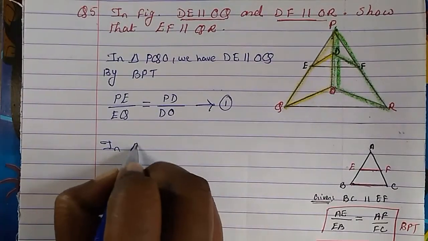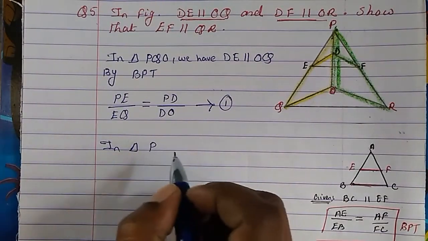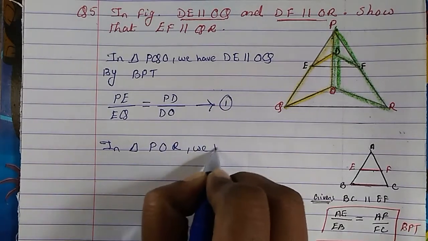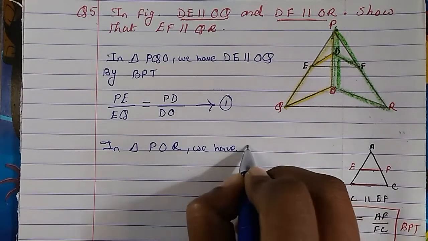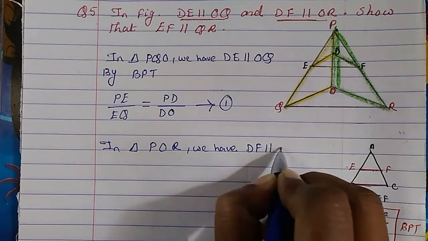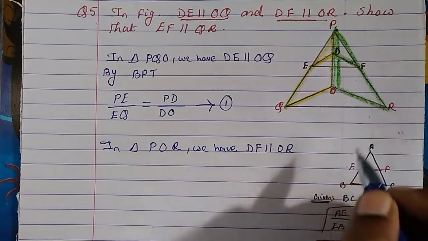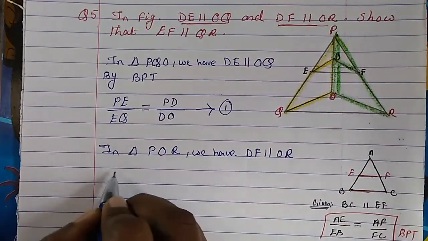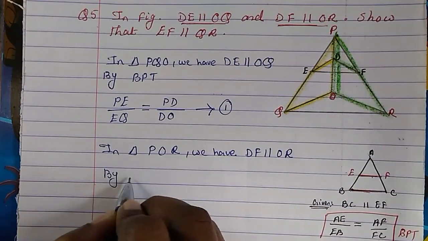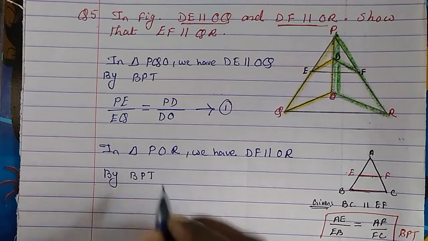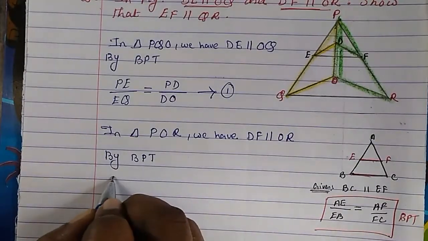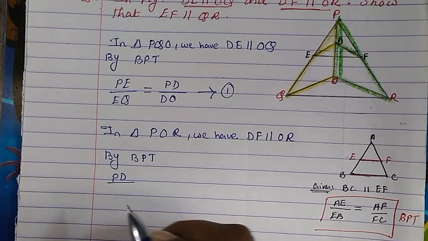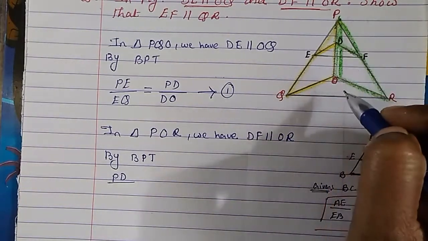So in triangle POR, we have DF parallel to OR. If these two are parallel, then the ratios will be equal. So by BPT, we can say that PD upon DO.